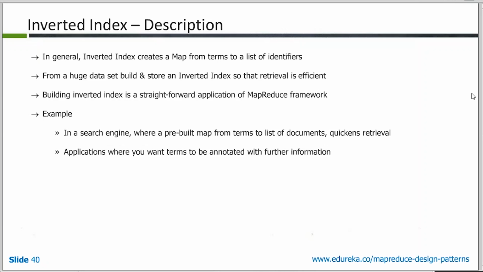a sort of map from terms to a list of identifiers. For example, take the Google search engine. If it has looked at millions of documents, then by reading all those documents, it has created a map from those terms to the document identifiers where those terms happen to be.